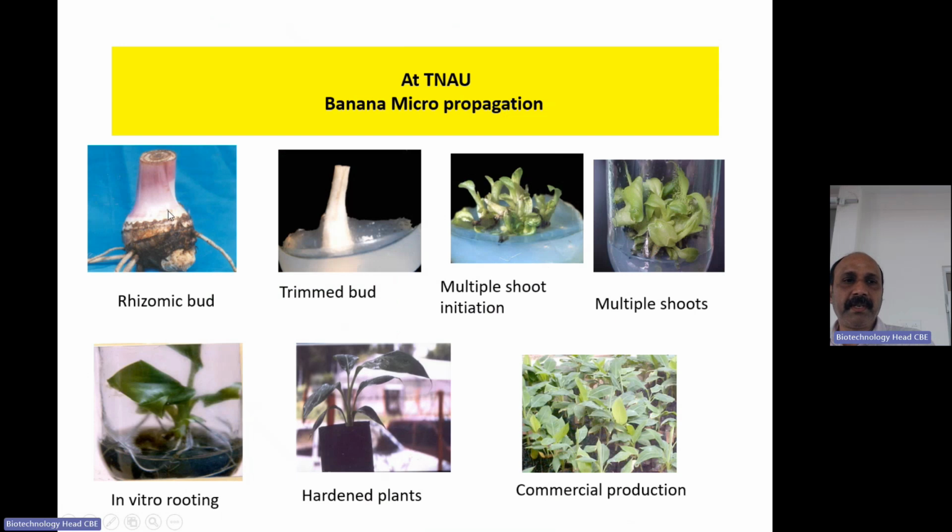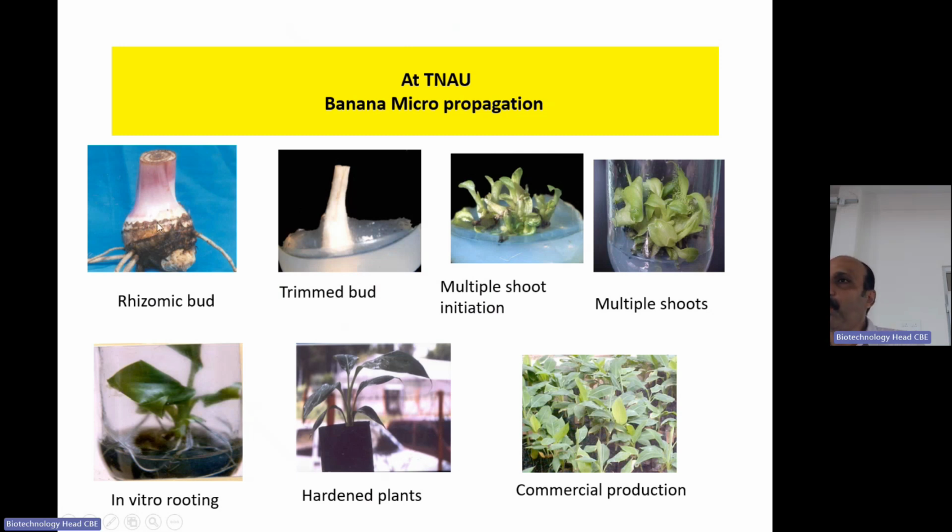We need to take the rhizome. So each of those rhizomes, these are all the walls, the walls of the rhizome. Also you have the sheaths, and inside this, in the middle of this, you have the meristematic shoot tip. So what we need is the inside of this.